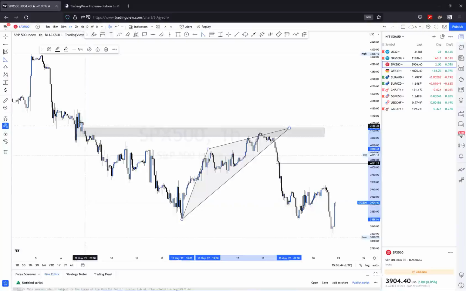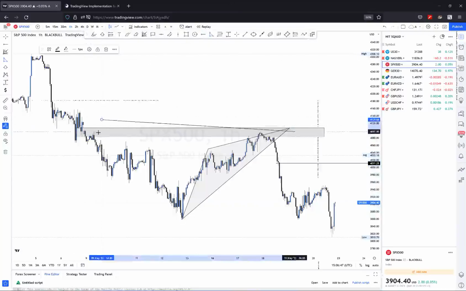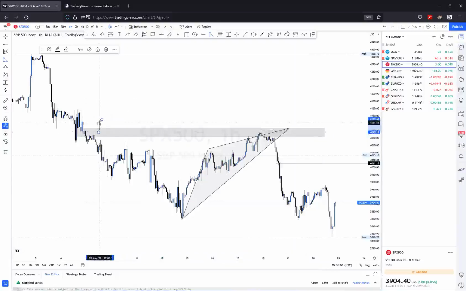So this was the gap that price tested. The gap here. Breakout and a drop here.